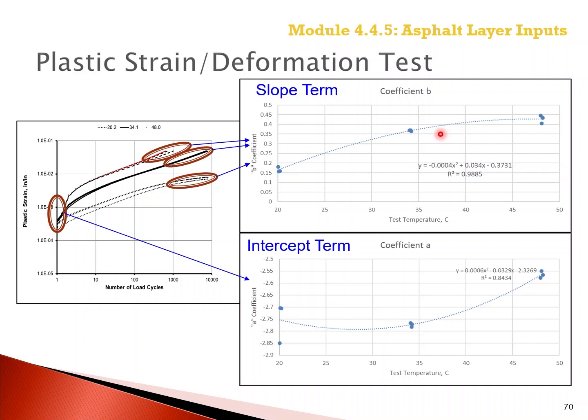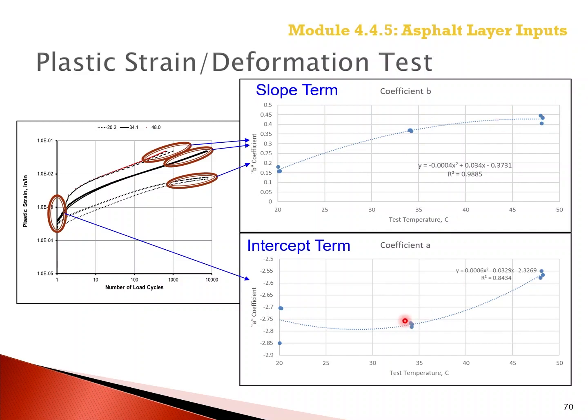The NCHRP report number 719 provides guidance on determining the average slope when this condition occurs. So guidelines are provided to determine the slope to be used in the PMED software when the slope is found to be definitely temperature dependent.